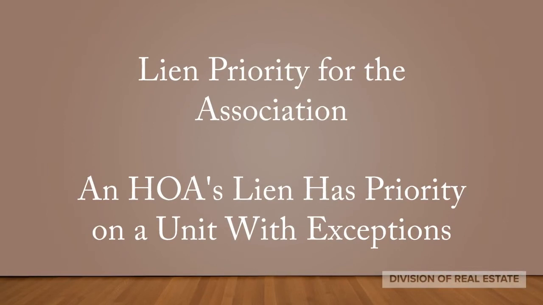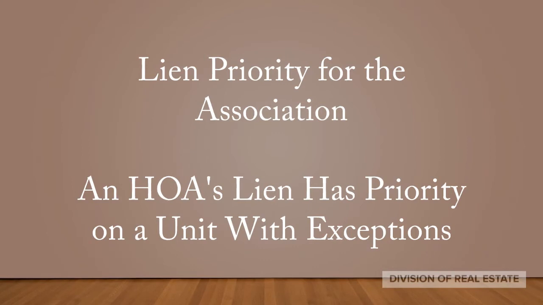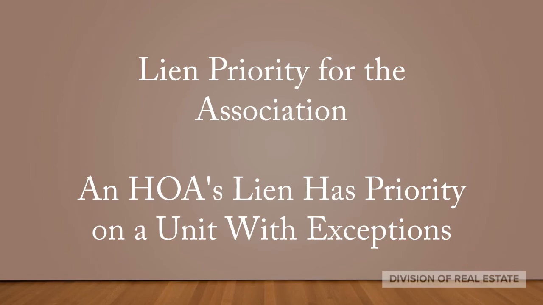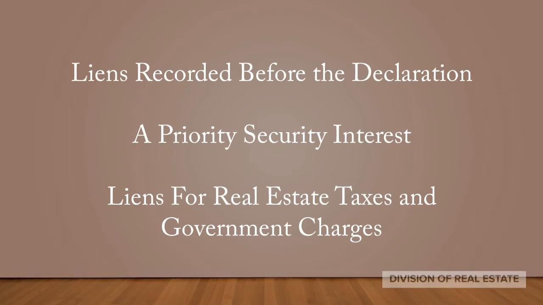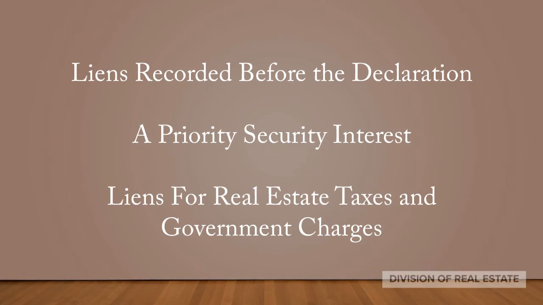What about the lien priority for the association? An association lien under the Kiowa law is prior to all other liens and encumbrances on a unit, with some exceptions. These exceptions include liens and encumbrances recorded before the recordation of the declaration, a security interest on the unit which has priority over all other security interests on the unit and which was recorded before the date on which the assessment sought to be enforced became delinquent, and liens for real estate taxes and other governmental assessments or charges against the unit.